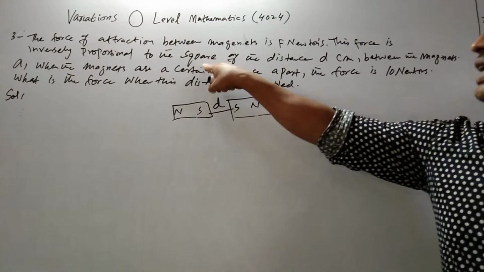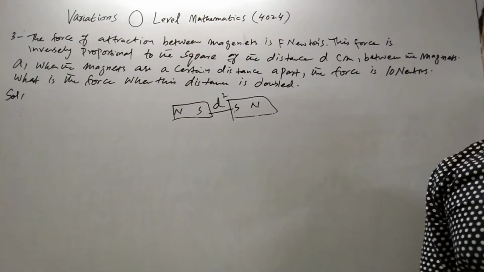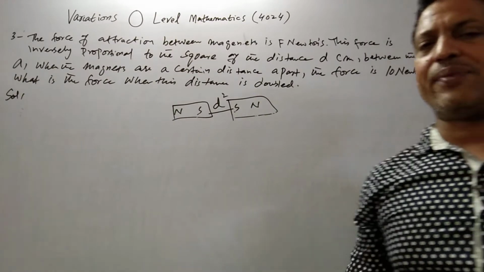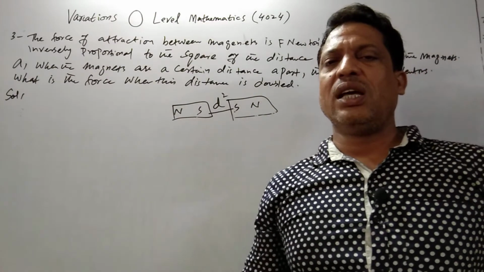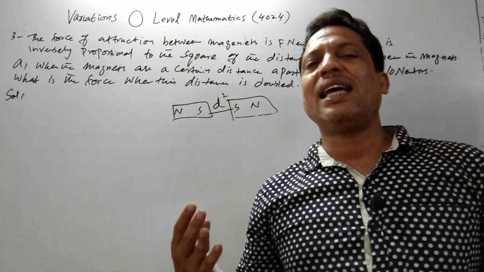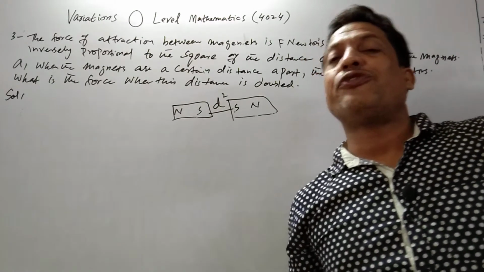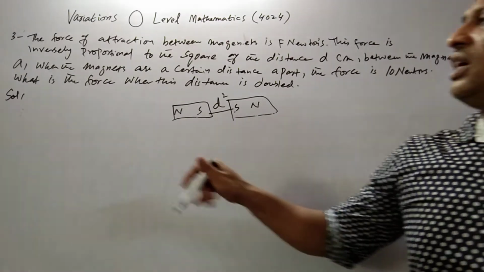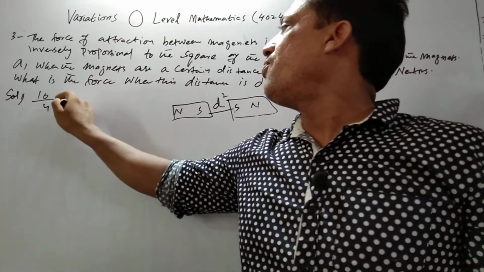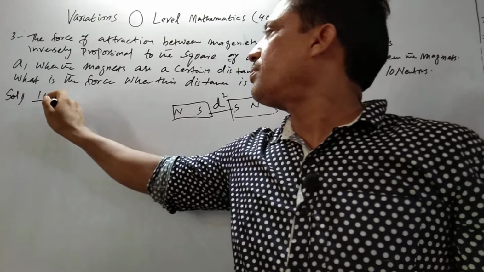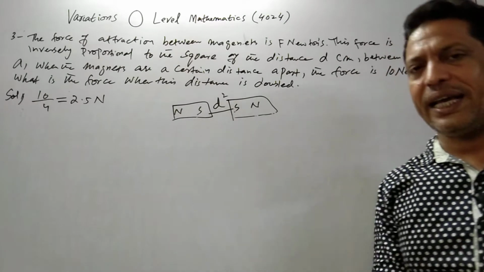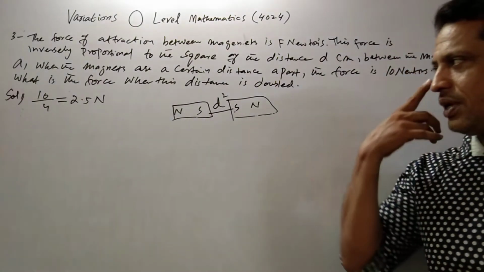See this, the square of the distance. Square of the distance means if we double the distance, the force decreases 4 times. Therefore, the answer is 10 upon 4, which is 2.5 newtons. I repeat all the steps.